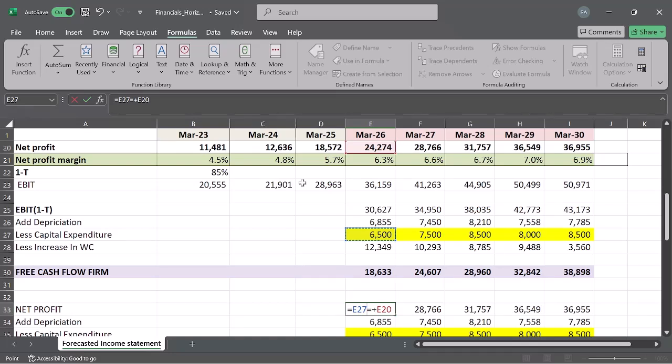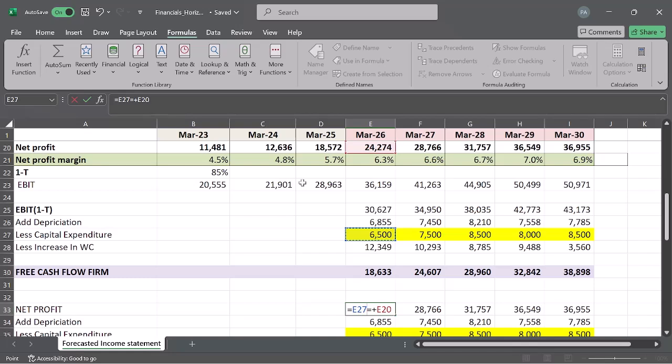So what was the profit of the company? EBIT was, the profit was, 28,000, or sorry, 24,000, and what is the cash? 18,000. So profit and cash are not matching. It's not the same thing. Whatever a company earns is not that the company is generating that much cash. So look at the last year, the company made a profit of 36,000, whereas the company has generated a cash of 38,000.